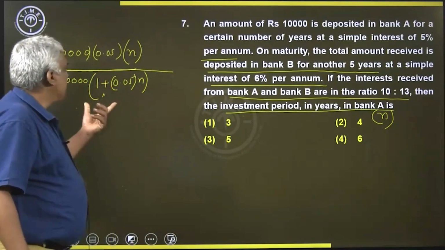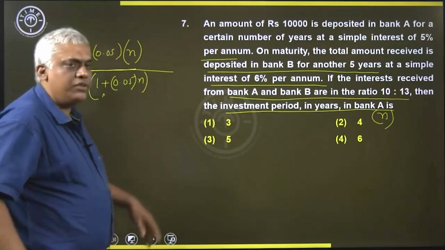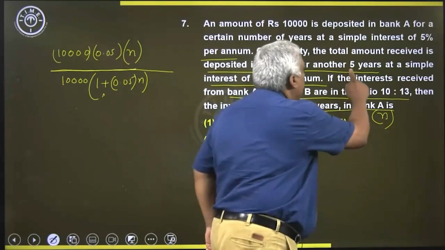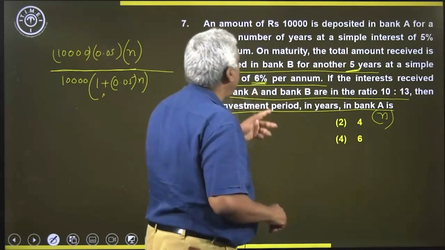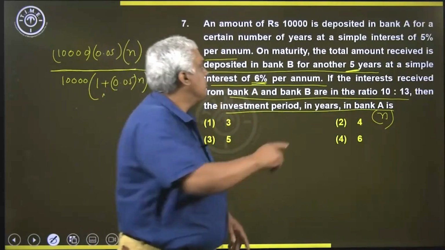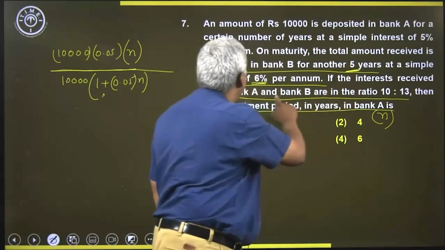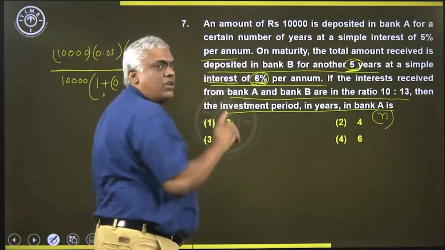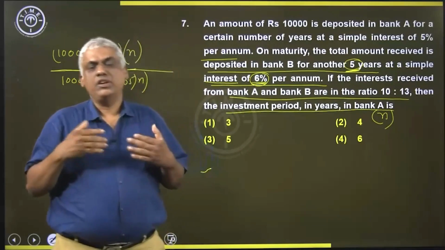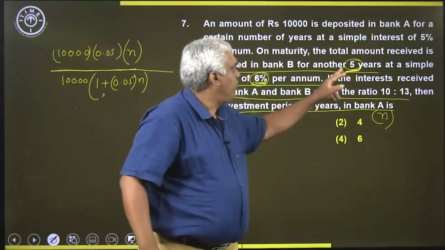So this money is deposited in bank B for 5 years. Every year the bank is paying 6%. So in 5 years bank B will pay 5 into 6%. It is simple interest, and in simple interest every year the interest will be the same.